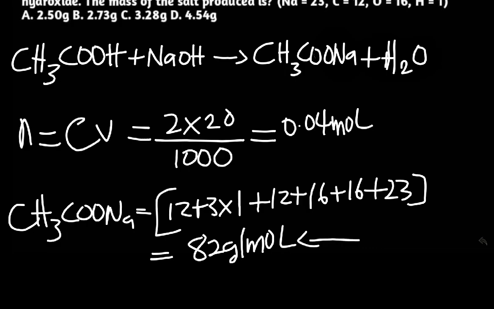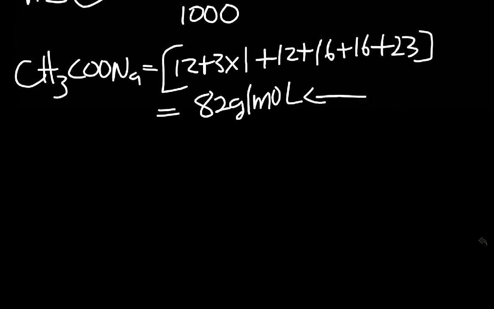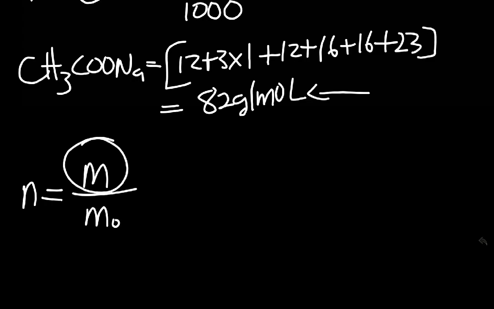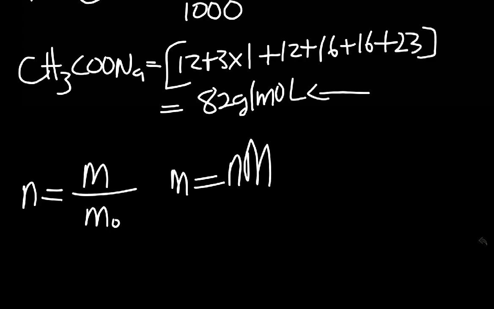So our first step, we solved for the mole. Our second step, we solved for the molar mass. The third step, we solve for the mass. And do not forget that mole equals mass over molar mass. But in this case, you are supposed to solve for the mass. And in doing so, we'll make mass our subject. If mass becomes our subject, it will become mole times molar mass.